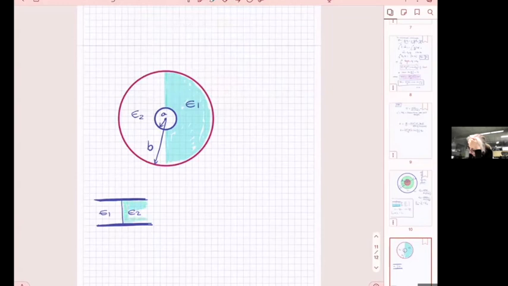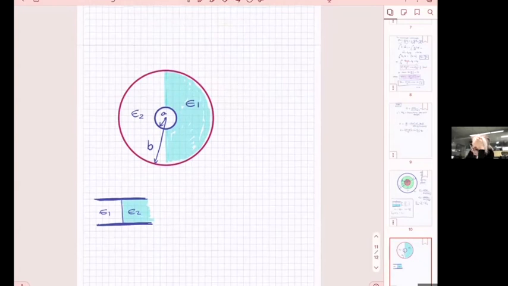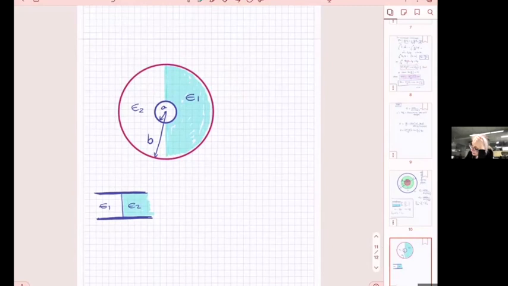Any takers? Do you remember how we did this? Aren't they in series? In parallel. Parallel, yeah. Okay, because they share the same metal. So practically the two capacitances are in parallel.